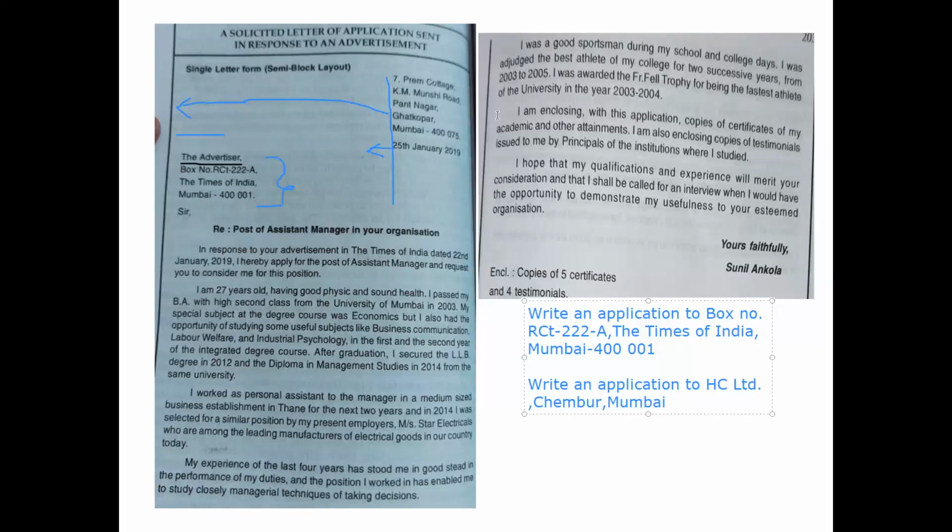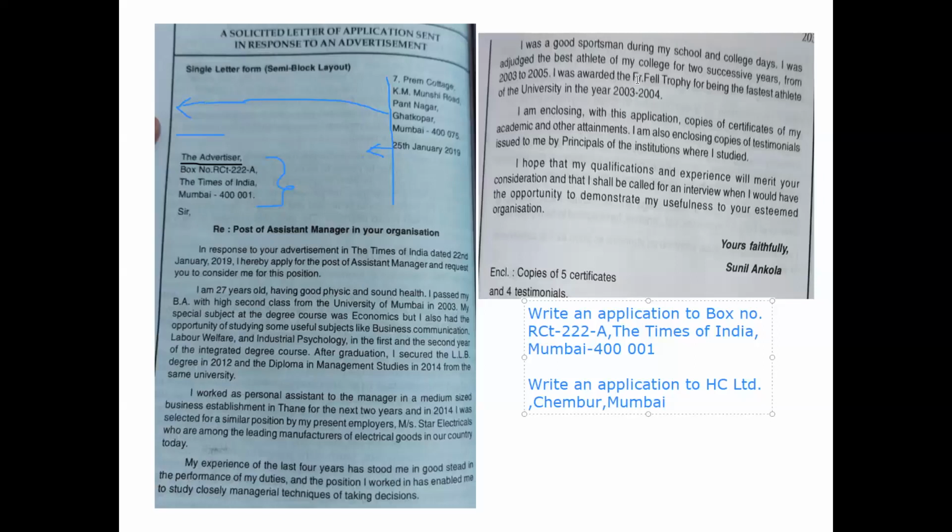Okay, let it be. So I have started the recording. So let us continue again. I hope you all can hear me. So there are two ways to write the application inside address. One is when there is a box number given. In that case, you have to write the advertiser and the remaining address. Suppose there is no box number and nothing is provided, you have to write directly to the company.